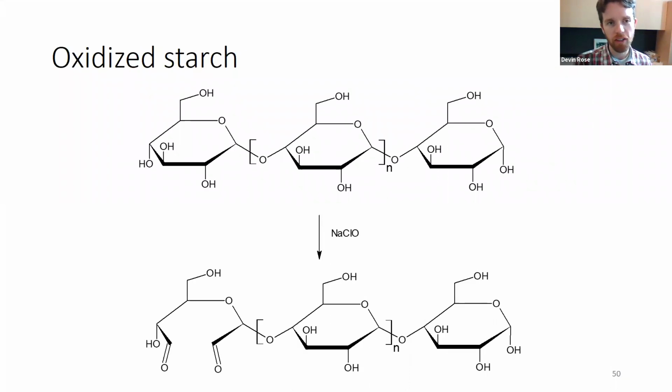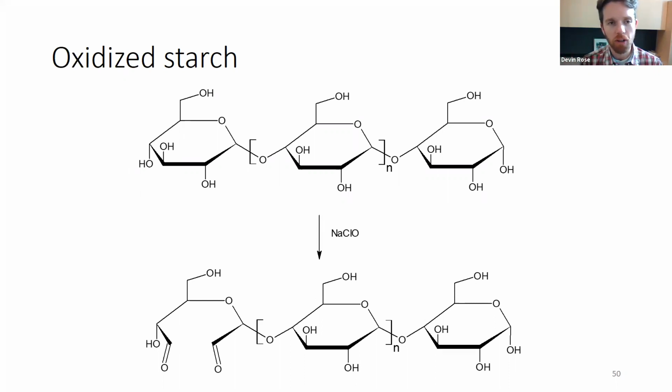Next, we have oxidized starch. It's very common when producing starches to treat them with some oxidizing agent to remove the color so that the starches are pure white. Corn starches will generally tend to have a little bit of yellow in them.